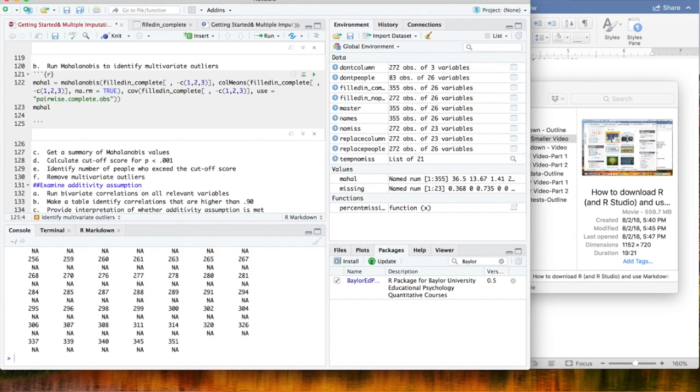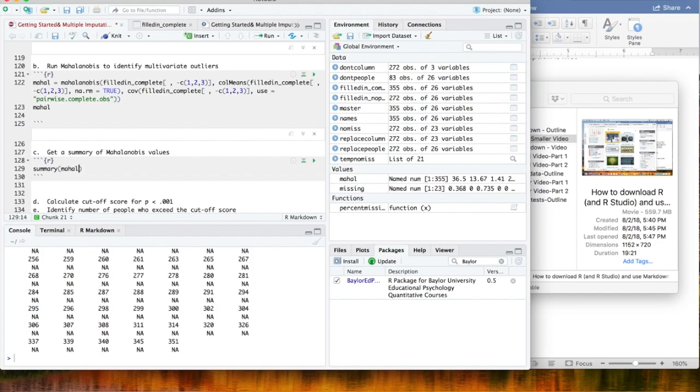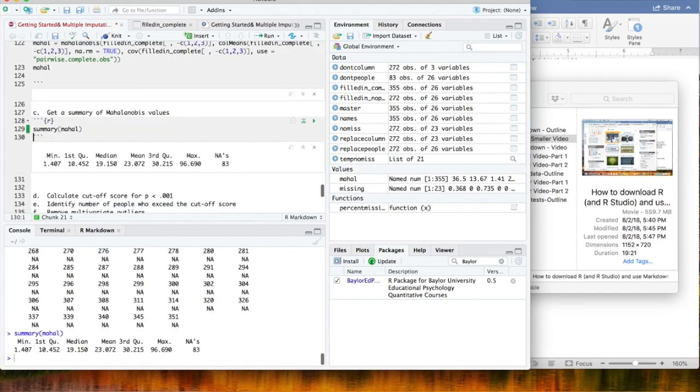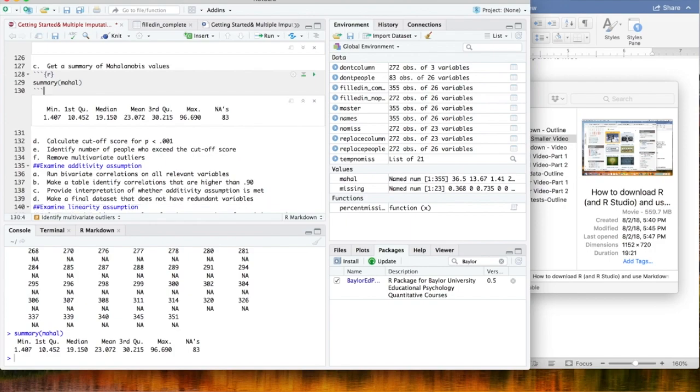Let's get a summary of the Mahalanobis values, that might be more helpful. Summary for the variable Maha. Okay, there you go. We see the minimum, maximum, the median, first and third quartiles, and the number of NAs. Those were excluded from the calculations.